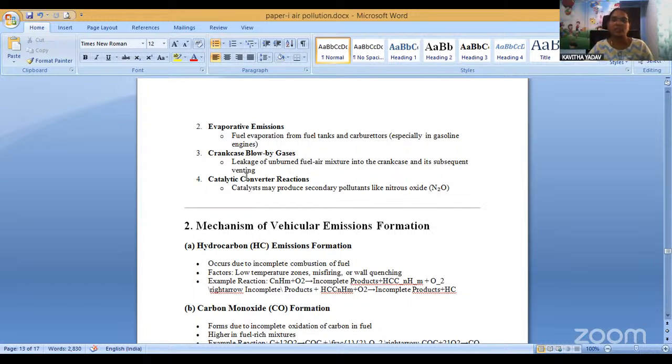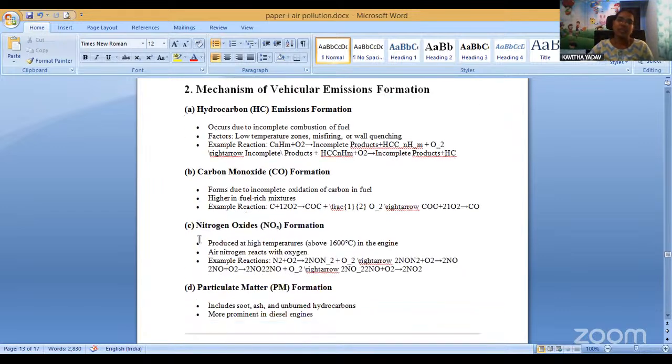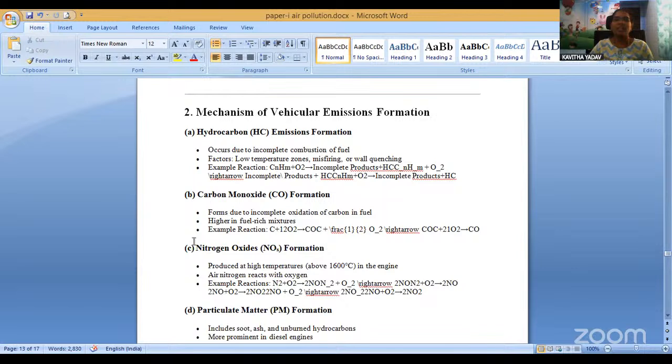Then coming to the second heading, the mechanism of vehicular emission formation. First, hydrocarbon (HC) emission formation occurs due to the incomplete combustion of fuel.